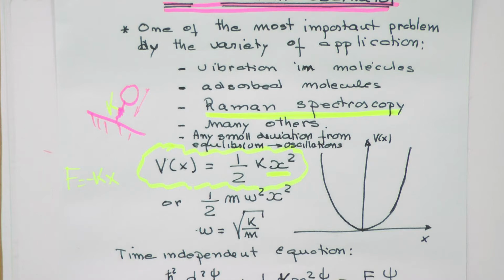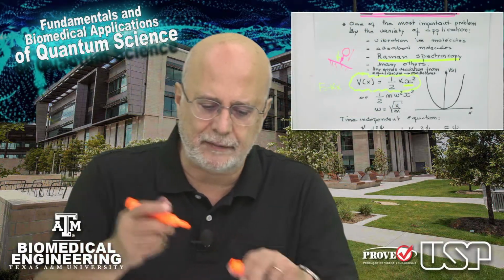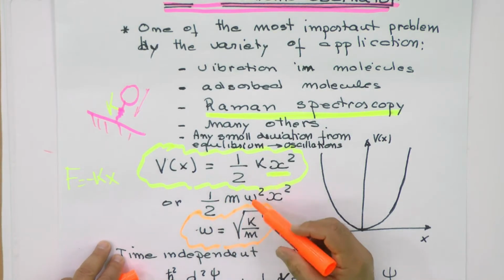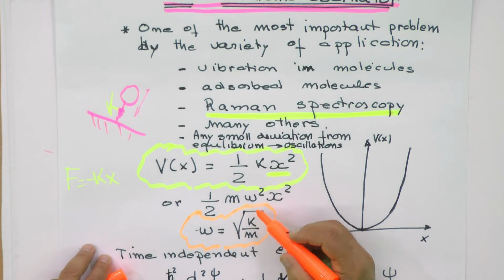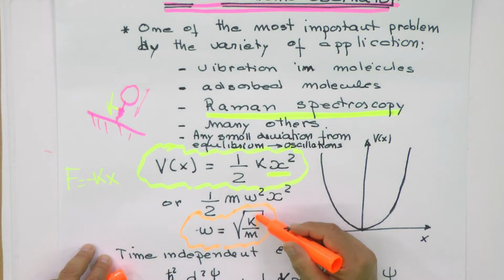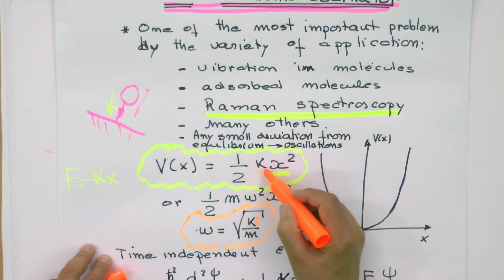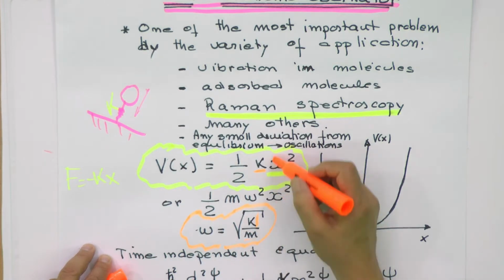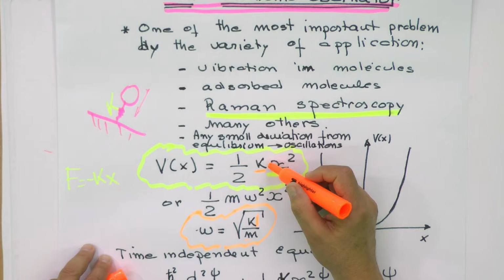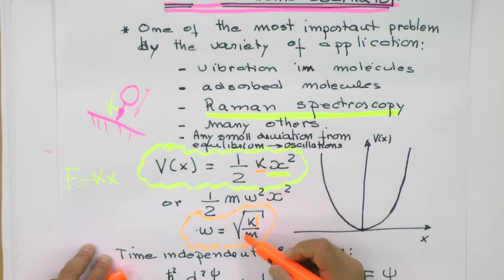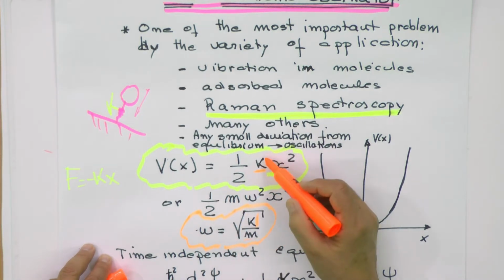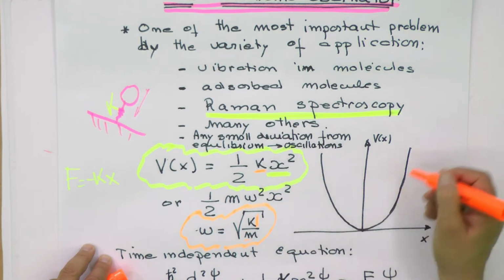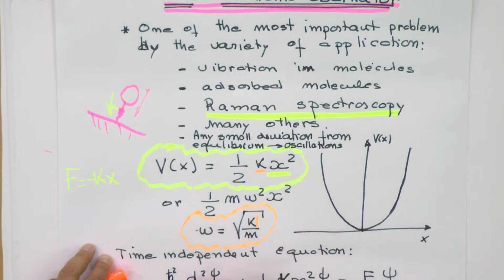Normally the harmonic oscillator is characterized by a frequency, and the frequency is the square root of the ratio between what we call the spring constant, which is this k, divided by the mass of the particle. You can substitute: if you take the square, k will be omega squared, the natural frequency of oscillation of the harmonic oscillator, times the mass.